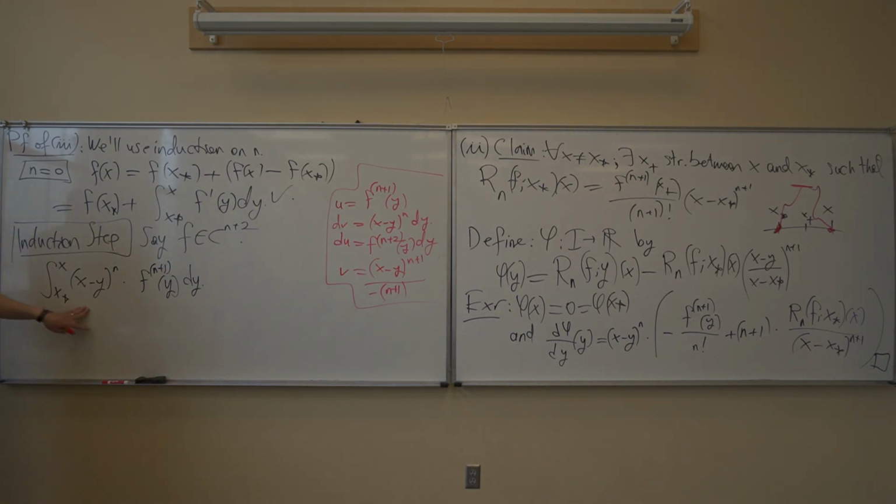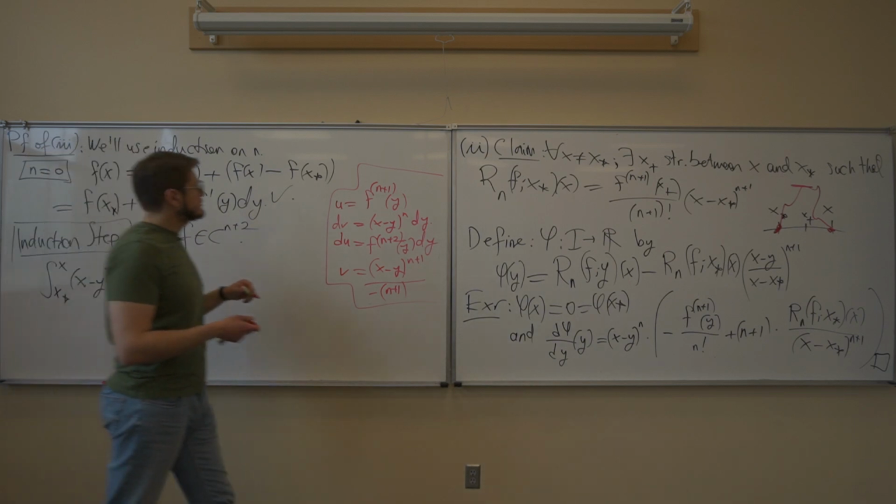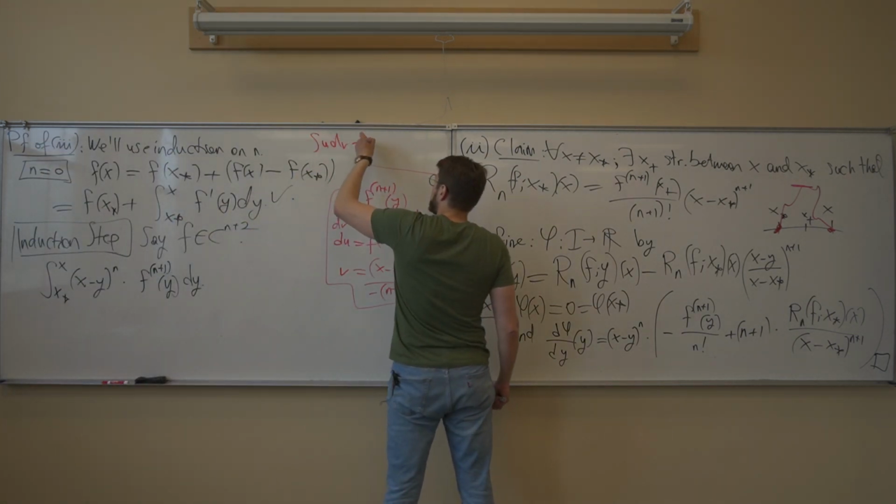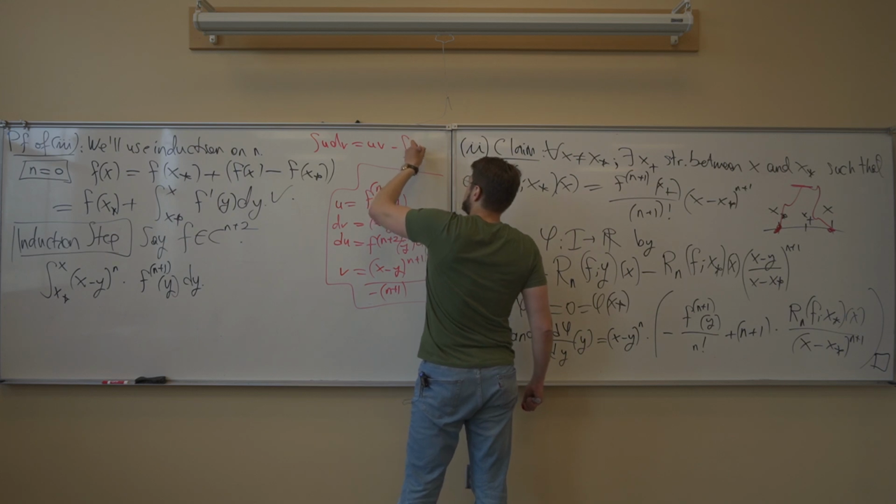Okay, so this is of the form u dv. Let me remind you of the integration by parts. It says that the integral of u dv is uv minus the integral of v du.